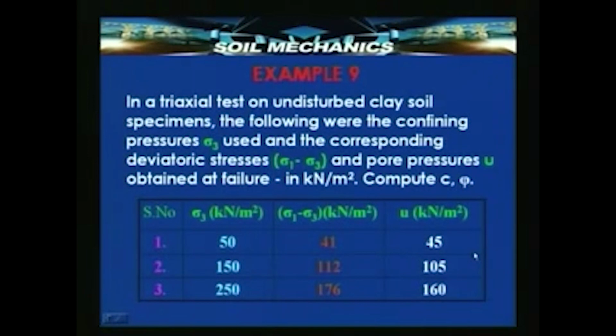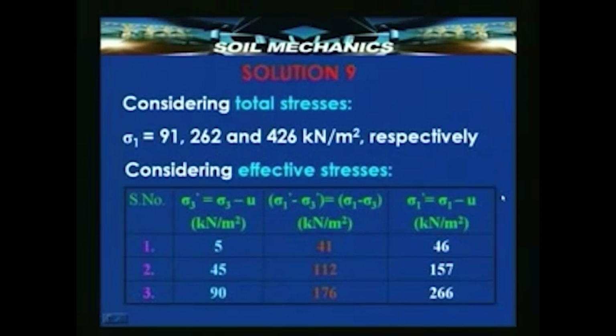Example 9 again involved knowing sigma 3, sigma 1 minus sigma 3 and the pore pressure and the computation of the shear strength. Here we have the pore pressure calculation and the effective stress calculation.